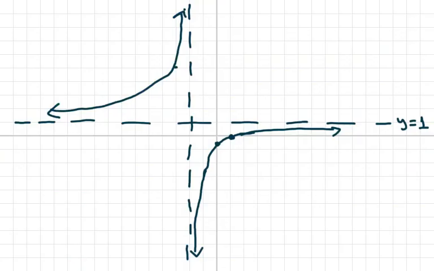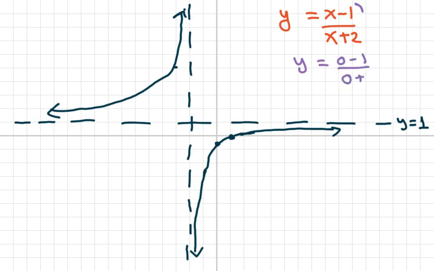Okay, now I'm going to graph, well, I already graphed it, but let me write it down. I'll just use y. y equals (x - 1)/(x + 2). We already plugged in 0. We can clearly see our y-intercept. If you plug in 0, it's (0 - 1)/(0 + 2), which gives you negative 1/2.